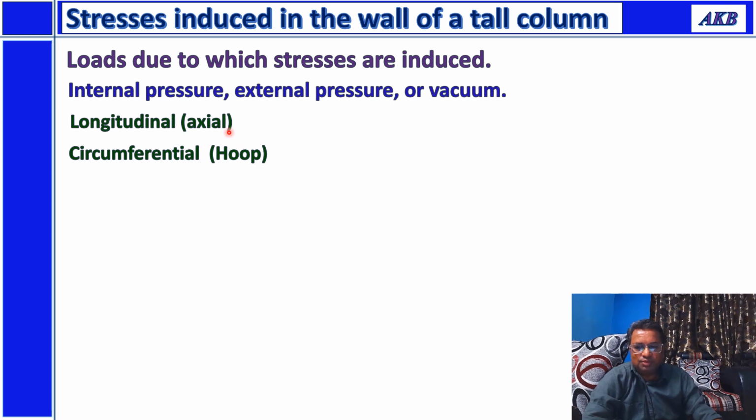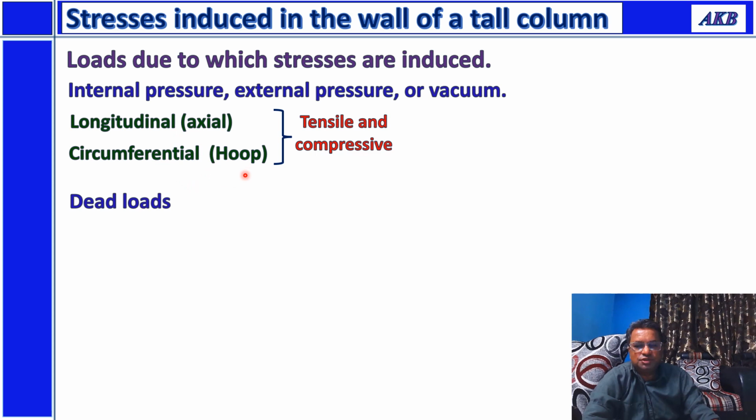So you can have stresses in axial direction, stresses in circumferential direction due to these loads, internal pressure or external pressure or vacuum. What is the nature of these stresses? These stresses are both tensile and compressive. They could be tensile and they could be compressive. Then I have already discussed the stresses in my earlier videos. You please watch those videos.